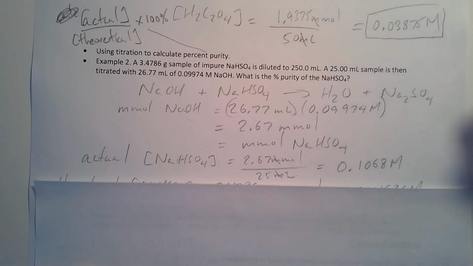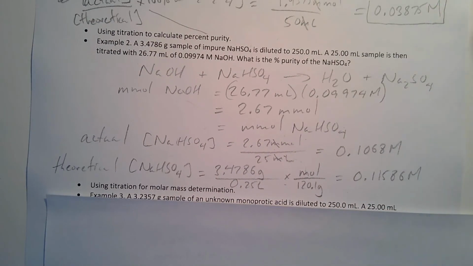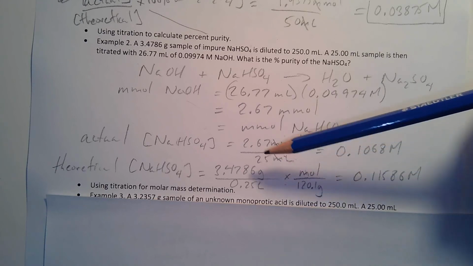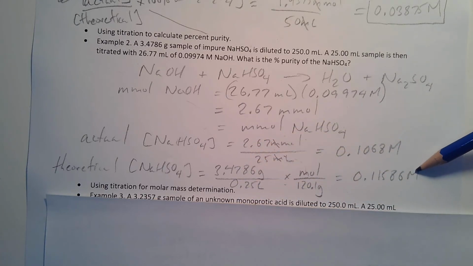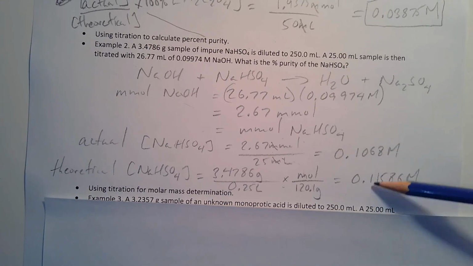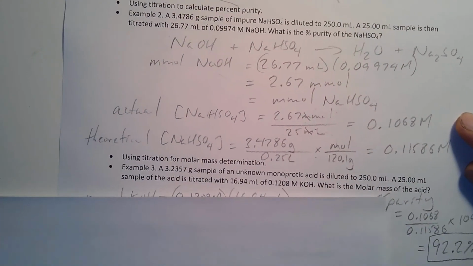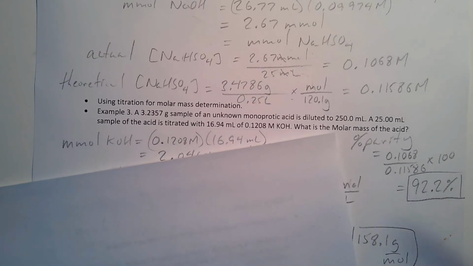Then we divide that from here. So it's this mass divided by the molar mass, and then divided by the volume, and that gives you this concentration. These are the two concentrations you want to divide, and so your percent purity is going to be 92.2%.